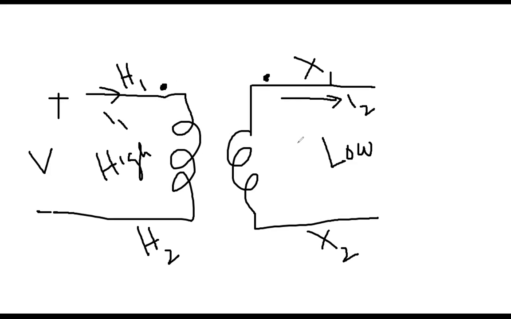But sometimes it is designated by plus and minus. If it is plus minus, then you are measuring the voltage with this polarity. Similarly, here plus minus, you are applying the voltage here.